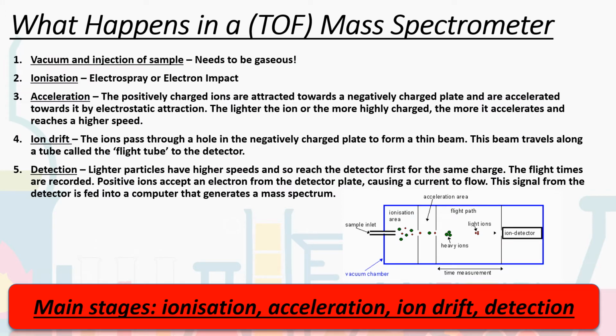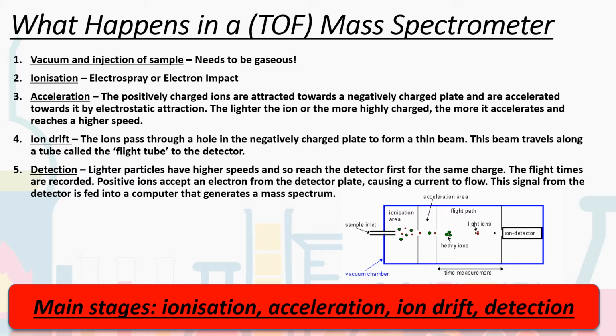So let's have a look now at what happens in a mass spectrometer, and quite often these are called time of flight, TOF, mass spectrometers. So the first thing is that we need to put the whole system under vacuum. Remember that was just to get rid of all the air molecules, we don't want our ions colliding with them. And we inject our sample, and the key thing is that we have to vaporize this sample.